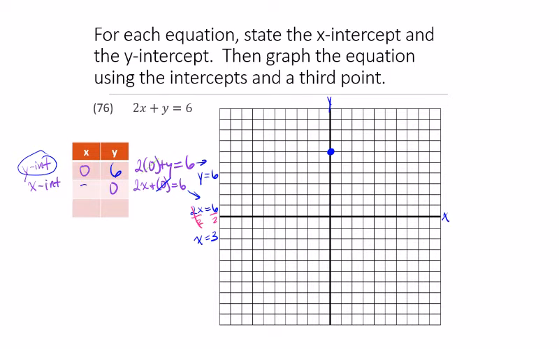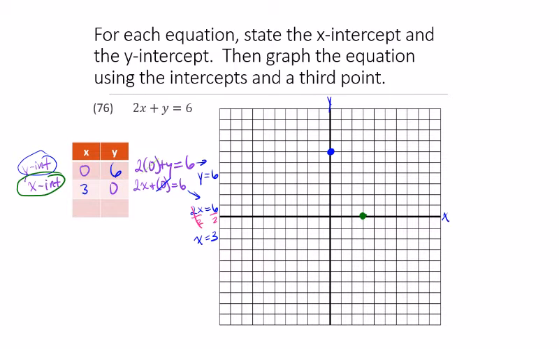So when y equals 0, x equals 3. So 3 comma 0. If y equals 0, that's along the x-axis, so I'm going to go 3 on the x-axis, 1, 2, 3, and 0 on the y. That's going to stay right there. Let me put that in a different color so you can differentiate. The x-intercept is in green.